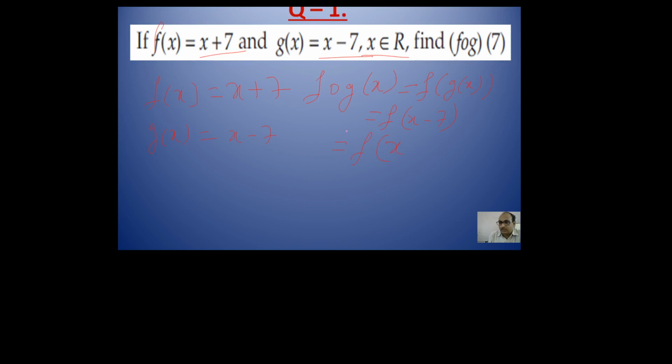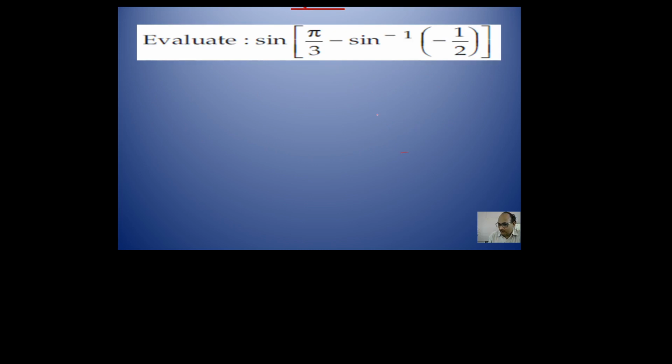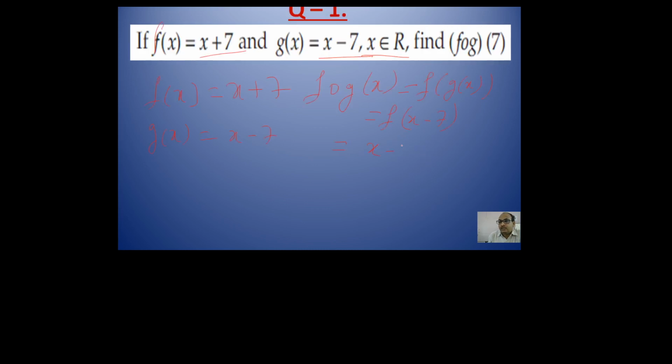So not this one, let me erase this one. Okay, so this one will be x minus 7, and plus 7. So this 7 and 7 will get cancelled, left with x.